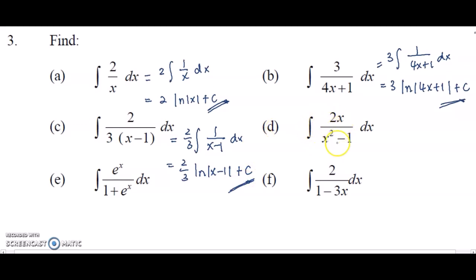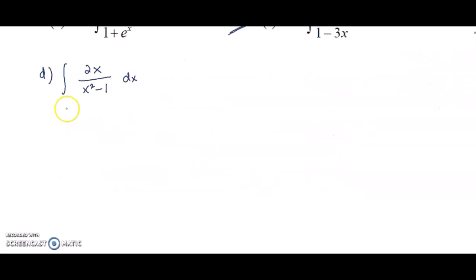And for the question D, you might need to use a substitution method. Because for the question D, you can see that up here is a linear function, and down here is a quadratic function. So to integrate this function, we might need to use a substitution method. Represent u as x squared minus 1.